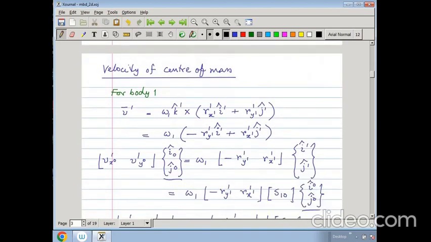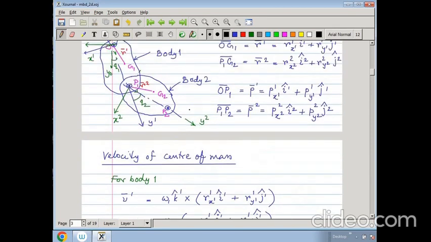Now we come to the most interesting part, that is the velocity of the center of mass. Suppose for this body we want to find out the velocity of the center of mass. So V1, as we know, is omega cross r. For this body, omega 1 is the angular velocity and the direction is k1. k1, k2 are all the same because this is plane motion, and this is r.